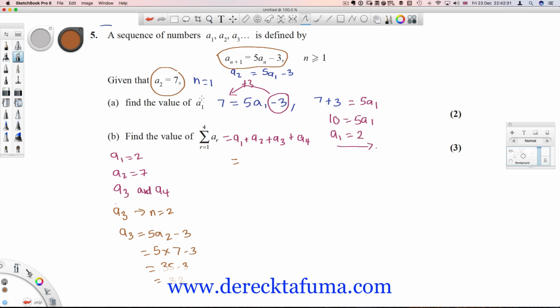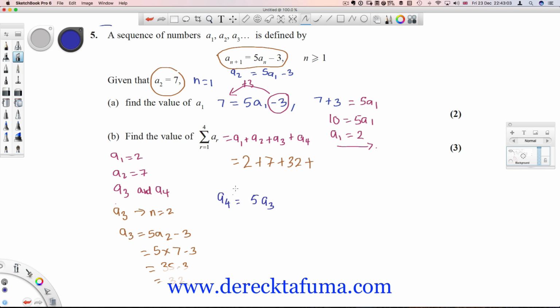Right, so this is a1, which we've calculated to be 2, add a2 is 7, add a3 is 32, and then we need to add a4. So I'm going to come down here and find a4. So a4 is equal to 5a3.